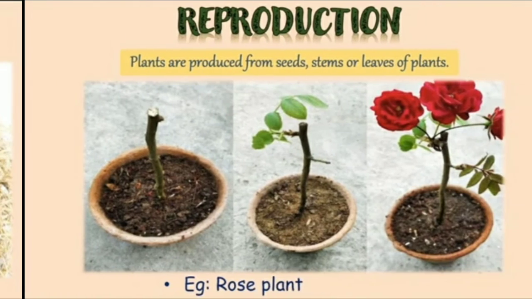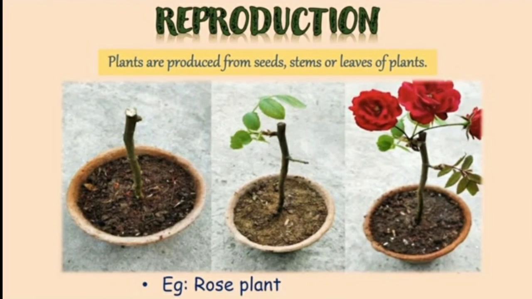Like animals, plants also reproduce. New plants are produced from seeds, stems, or leaves of a plant. Here, for example, you can see a rose plant. So, children, what is reproduction? The process by which a living thing generates a new living thing like itself is called reproduction or procreation.